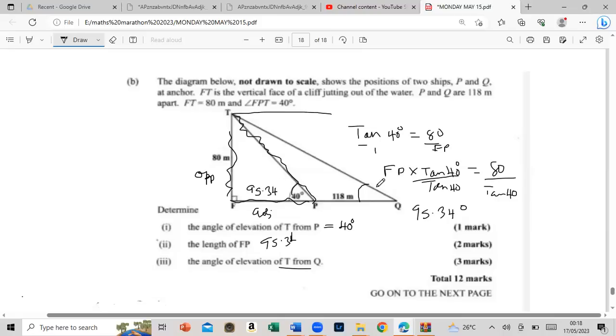Alright, so we're going to look at this opposite over adjacent, so we're going to use tan.